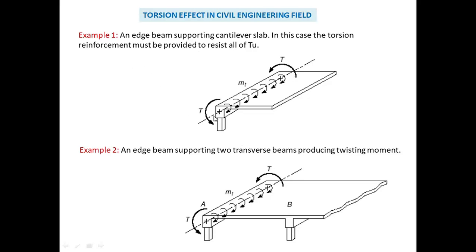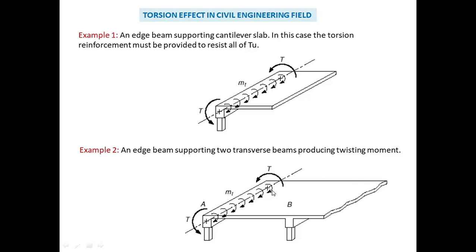If the edge beam supports a cantilever slab, in this case torsion will be developed at the end of the slab, that is on the beam. So the beam is designed to resist the torsional force.